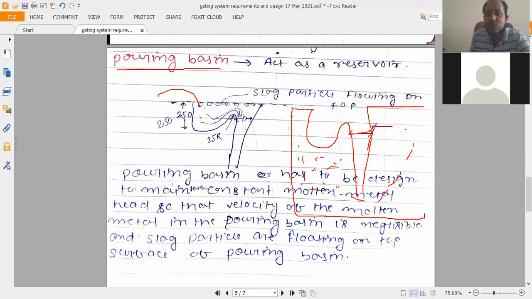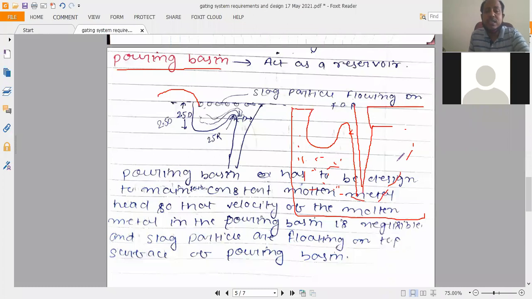It is a circular hole, so the dimension will be the diameter. If we pour the molten metal here with the help of a ladle, it will fill smoothly. Why not pour the molten metal directly here? Then it would go directly to the sprue part and then to the runner.